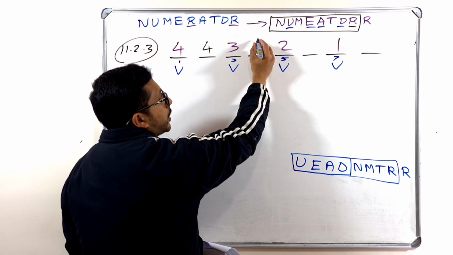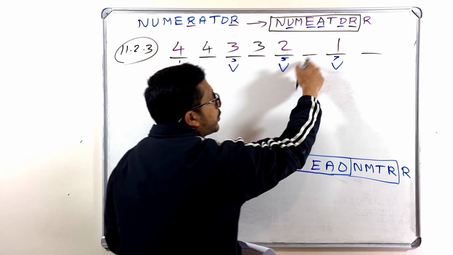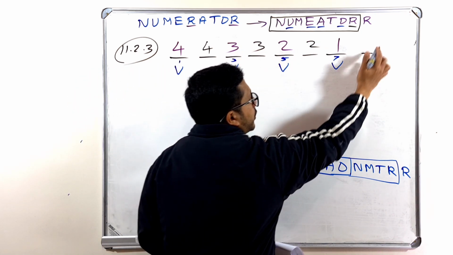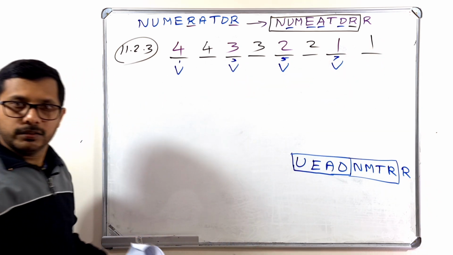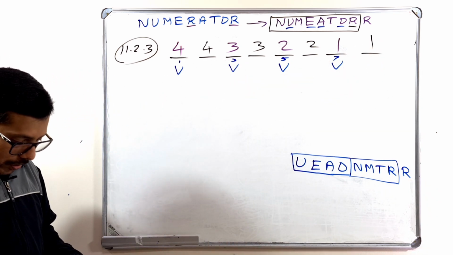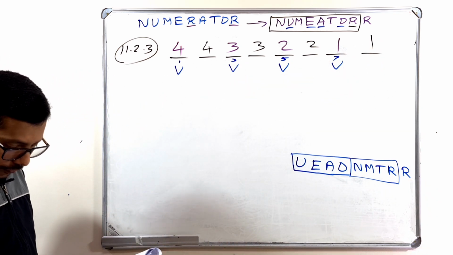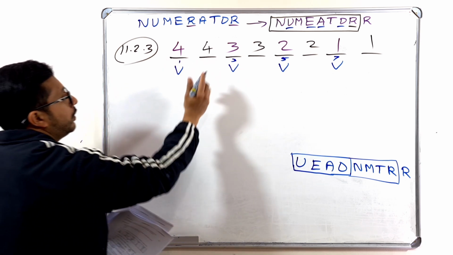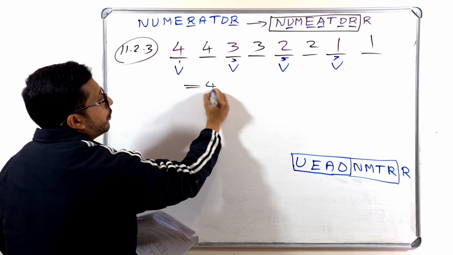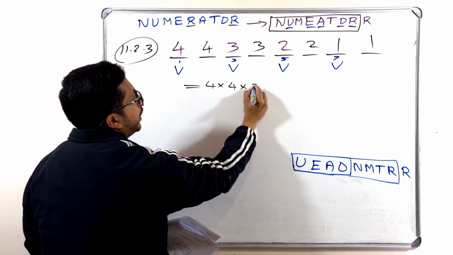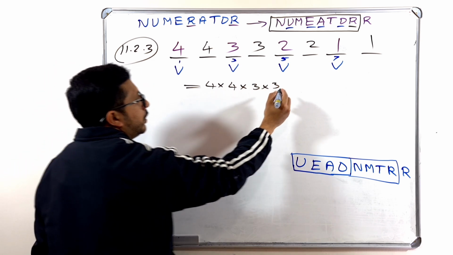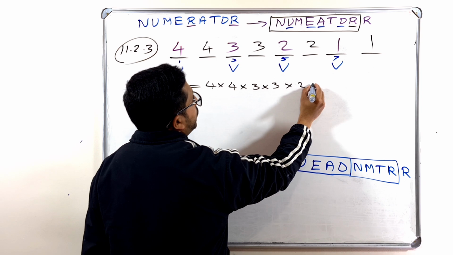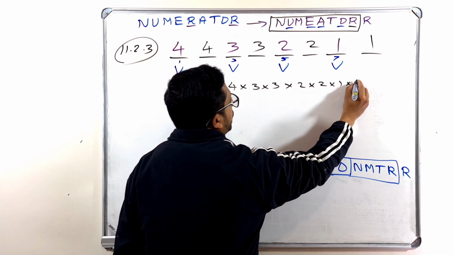So for this position it is 3, for this position it is 2, for this position it is 1. Now the question is to find the probability. Using this, the total possibilities are 4 times 4 times 3 times 3 times 2 times 2 times 1 times 1.